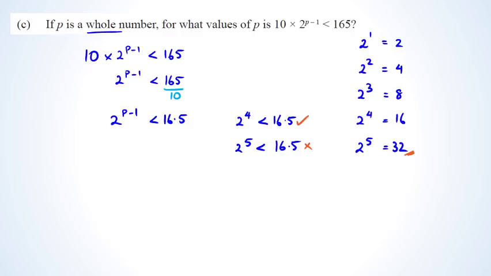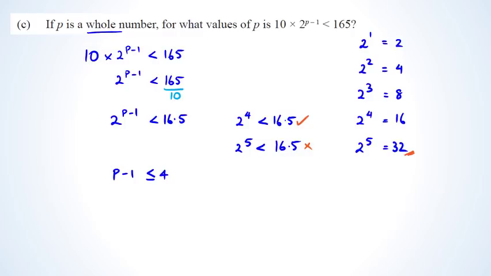So we know that this p minus 1 has to equal 4 or less than 4, because p could actually be any number, but the maximum number it can take is 4. So what we then say is p minus 1 is equal to 4, but it also could be less than 4 as well.